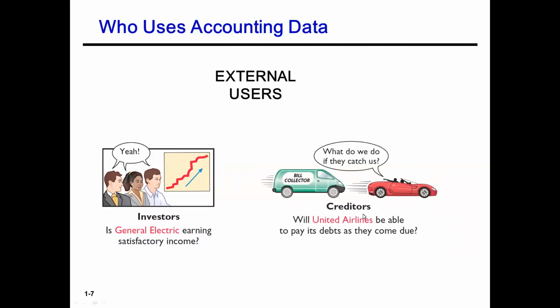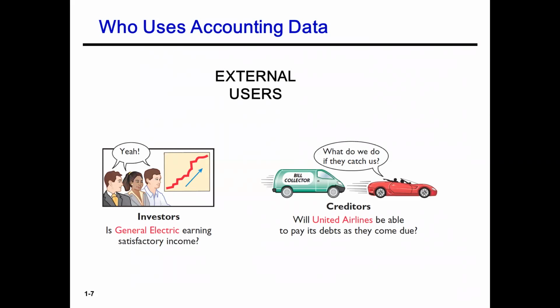Creditors like banks also need periodic information as to how the company is doing financially to determine if the loans that they may have outstanding with the company are at risk of not being paid back.